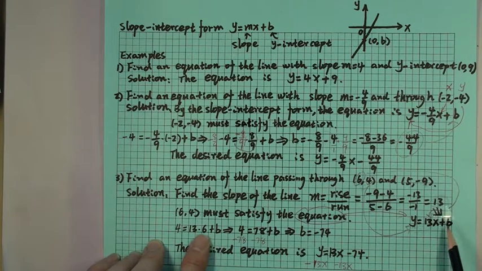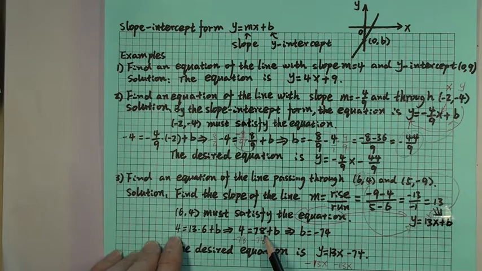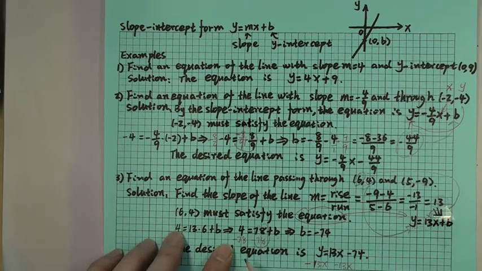Okay, and we know 13 times 6 is 78. Left hand side is 4, and then plus b on the right hand side. Both sides subtract 78. You may cancel that. So right hand side has b. Left hand side is 4 minus 78, so we then have negative 74.